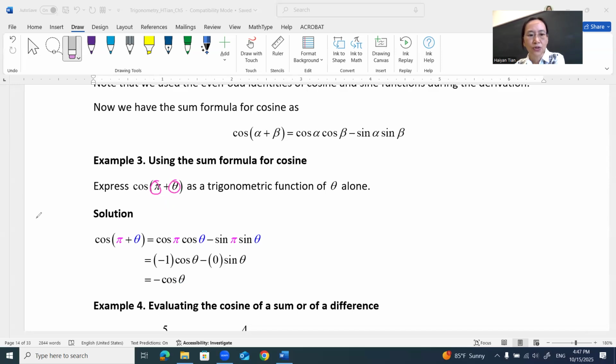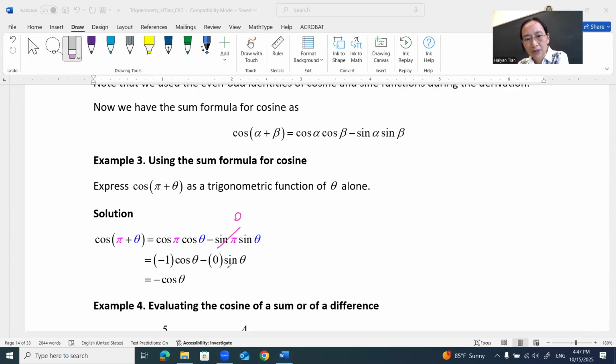So now we just do it: cosine of pi plus theta is cosine pi cosine theta minus sine pi sine theta. Now, because pi is a very special angle, sine pi is 0.